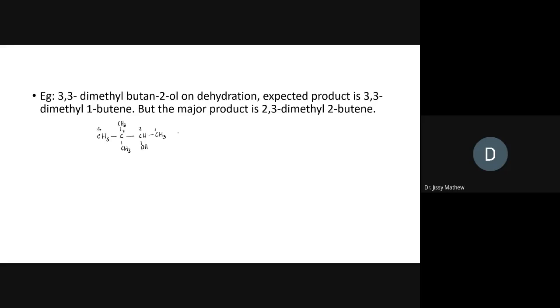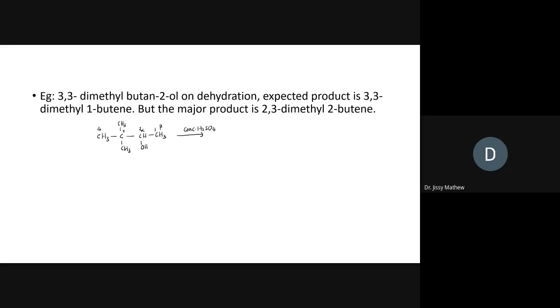And when this compound is heated with concentrated sulfuric acid, that is dehydration, you know, this is the alpha carbon and this is the beta carbon. And on this beta carbon, there is no hydrogen.